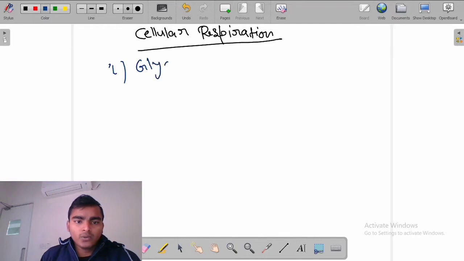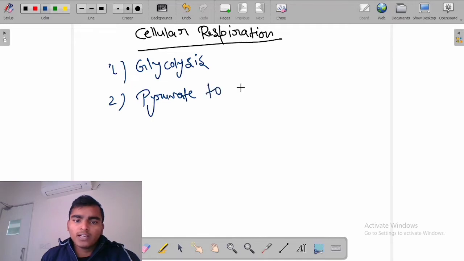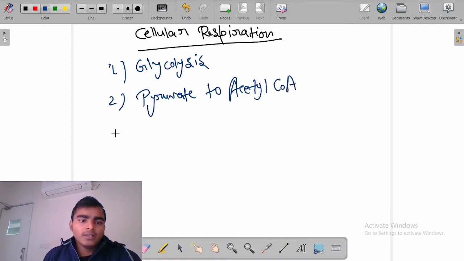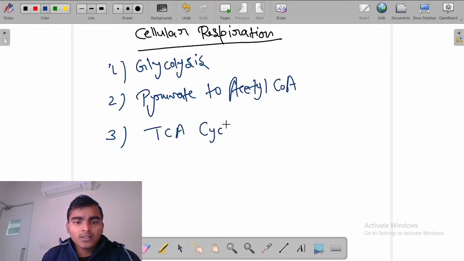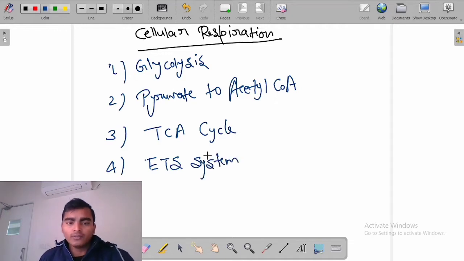Second is the conversion of pyruvate to acetyl coenzyme A. Third is the TCA cycle, and the fourth is the ETS, or electron transport system, in which we will also talk about oxidative phosphorylation.